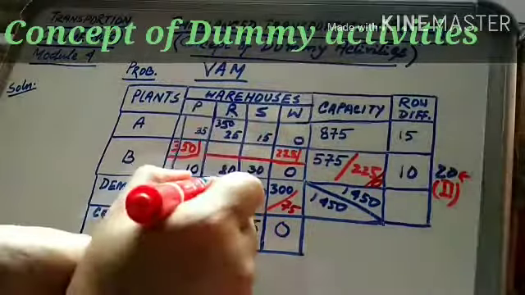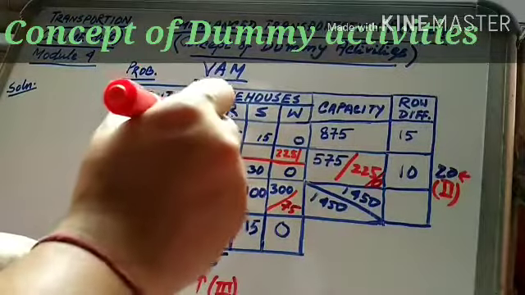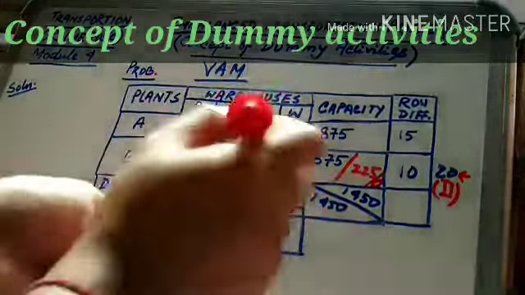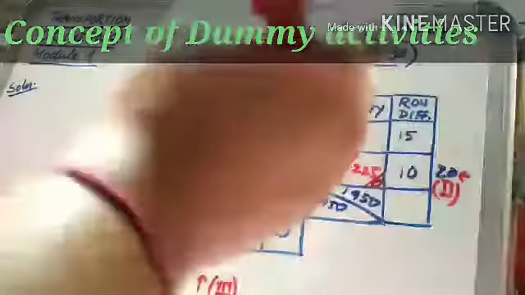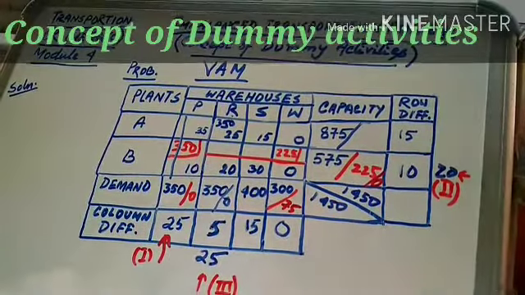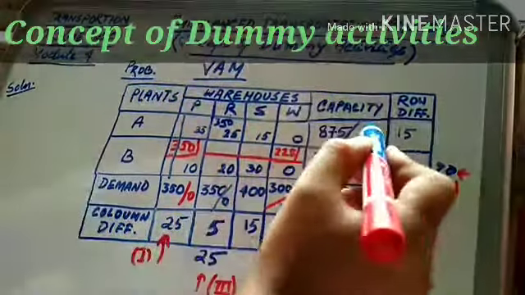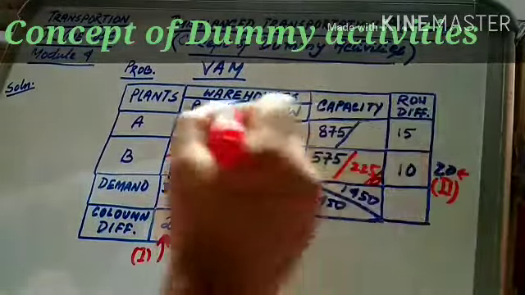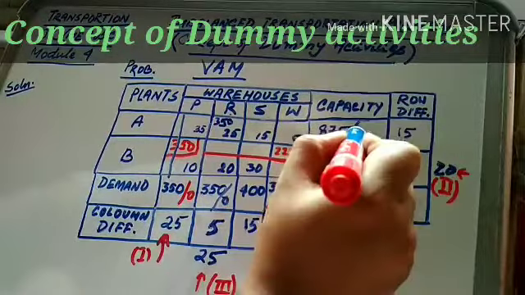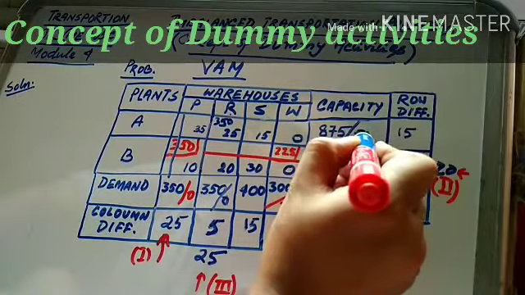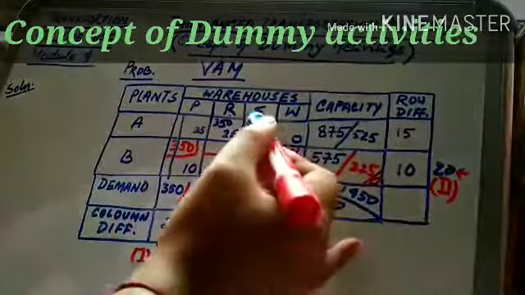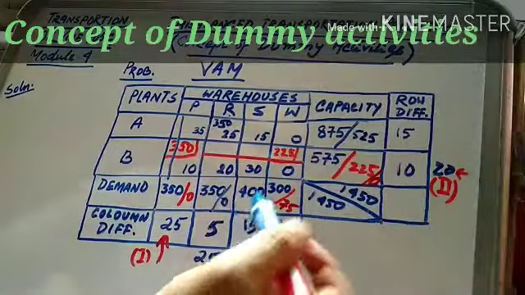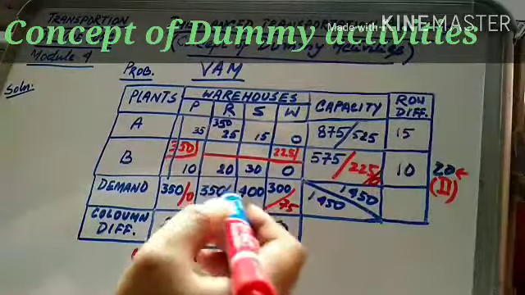Okay, so it goes to 0, it is exhausted. Now here we have to subtract it. So how much remains? 350 is subtracted, it remains 525. Now remaining is 15 and 0, so we have to fill it accordingly.